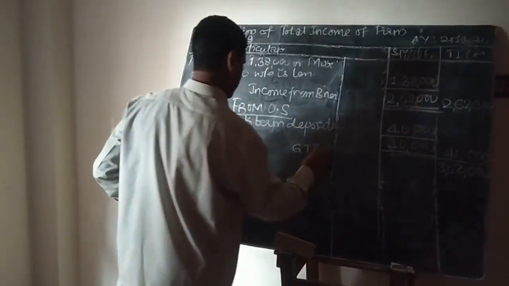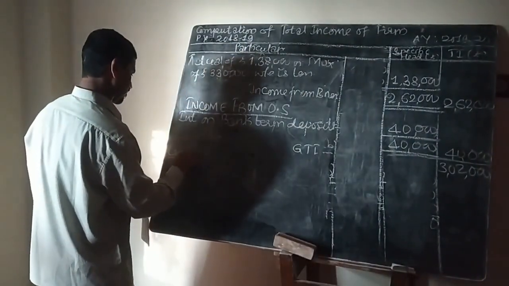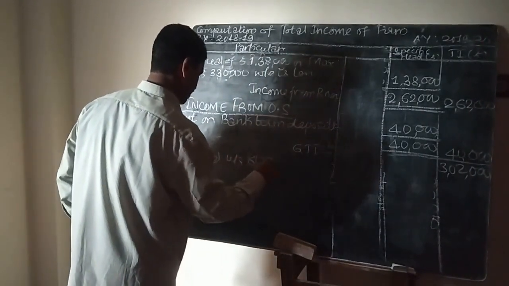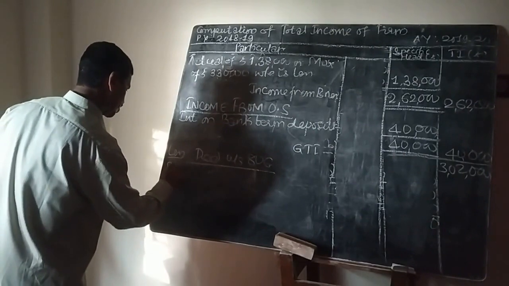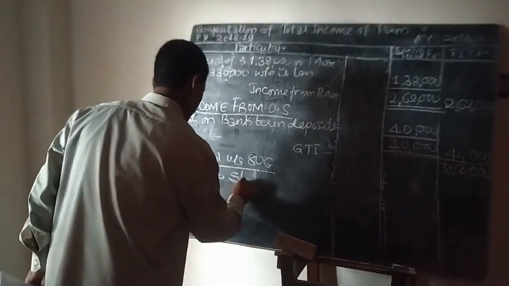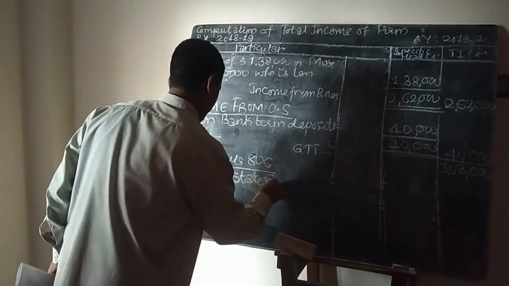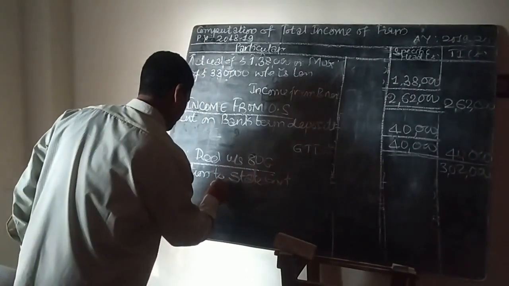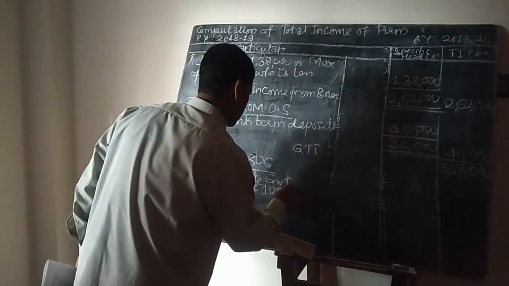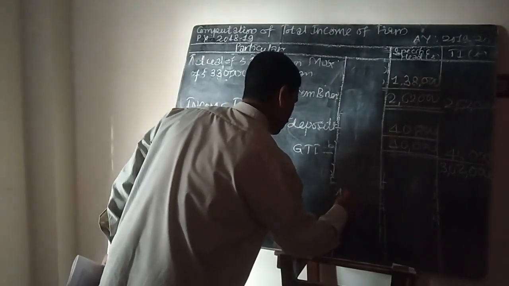This is the gross total income. Less deduction under section 80G: donation to the state government, 10,000 paid, so 100% of 10,000 comes to 10,000.